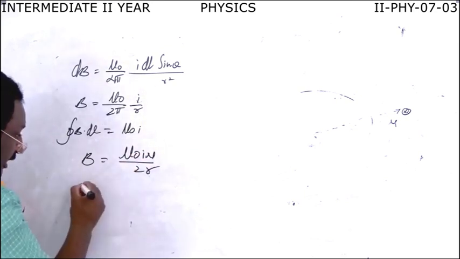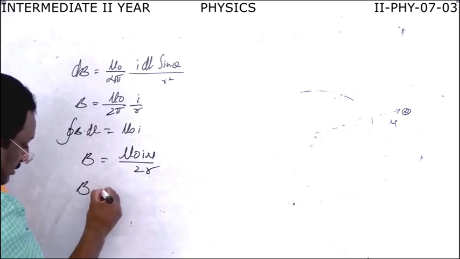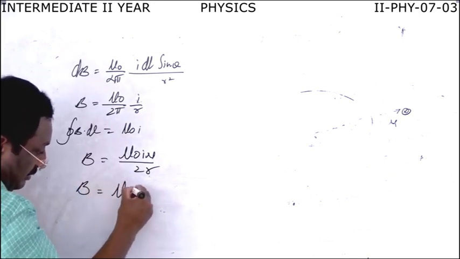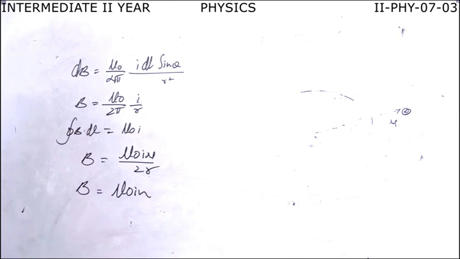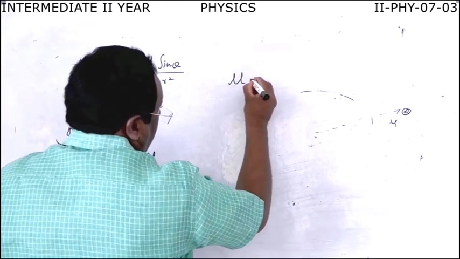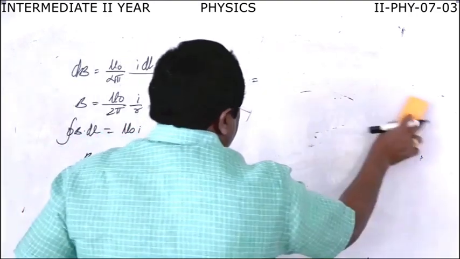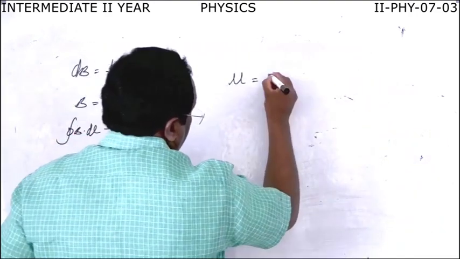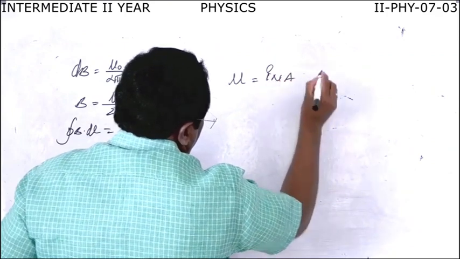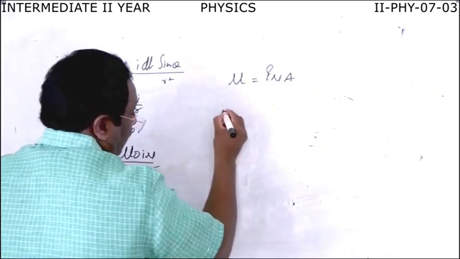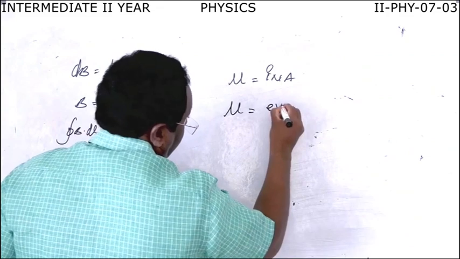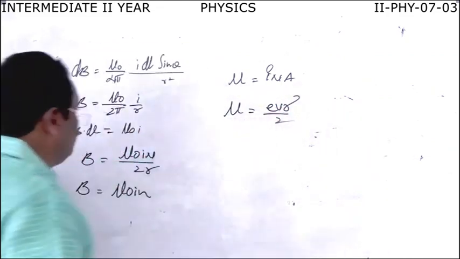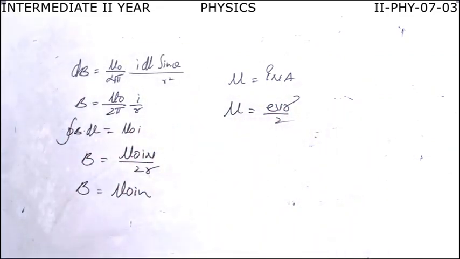The magnetic field in solenoid and toroid, the magnetic dipole moment of a current carrying coil, and the magnetic dipole moment of a revolving electron. So far, we have derived these formulas. So now the portion on magnetic field is ended.